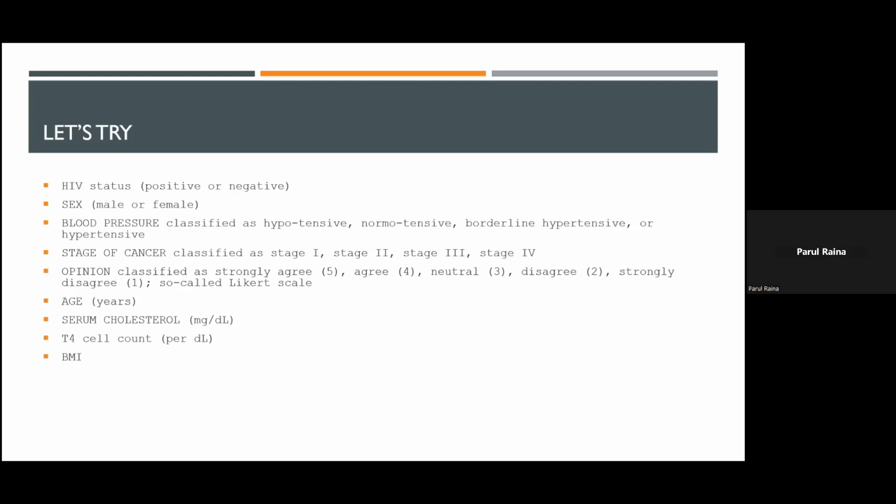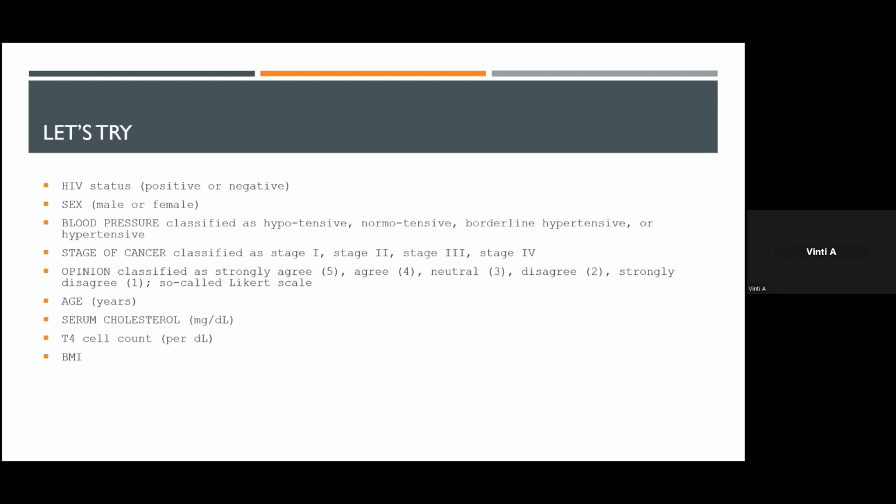Nominal. Sex, male or female? Nominal. Blood pressure? Ordinal. Stage of cancer? Ordinal. Opinion? Ordinal.